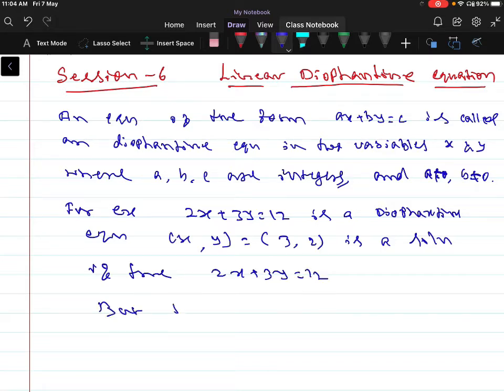But the equation 8x plus 17y is equal to 7 has no solution.